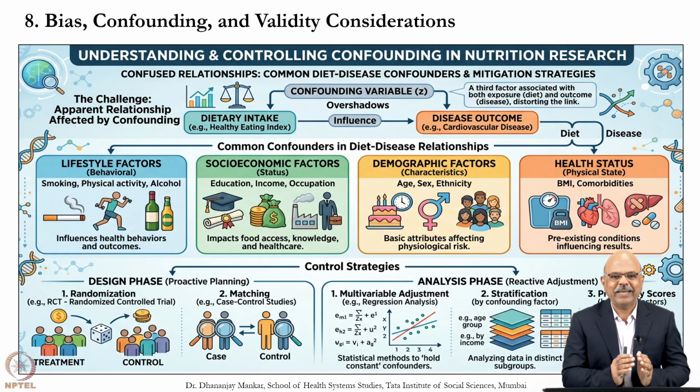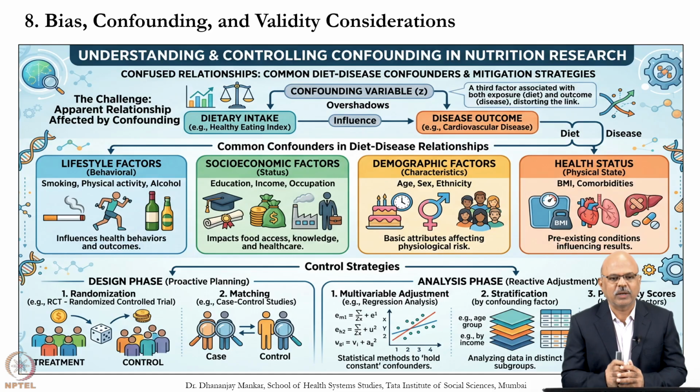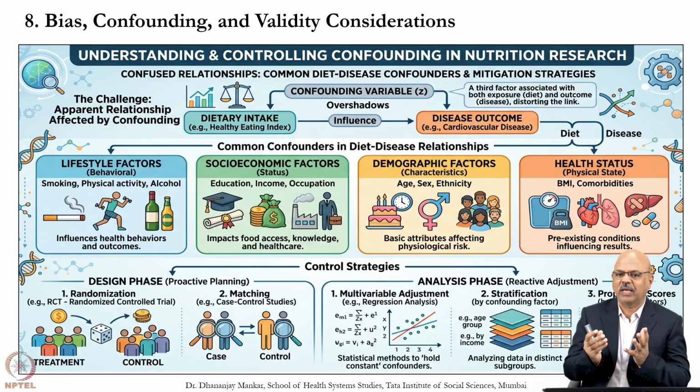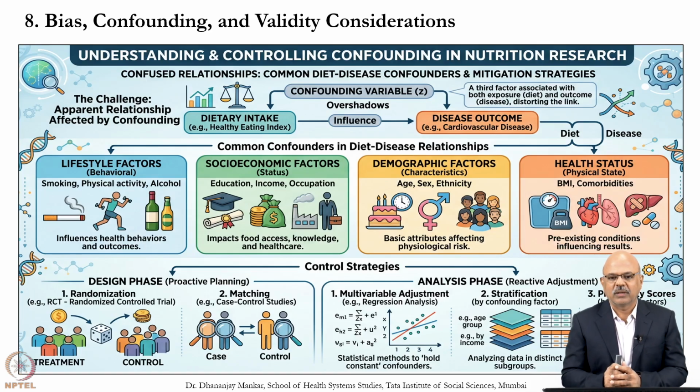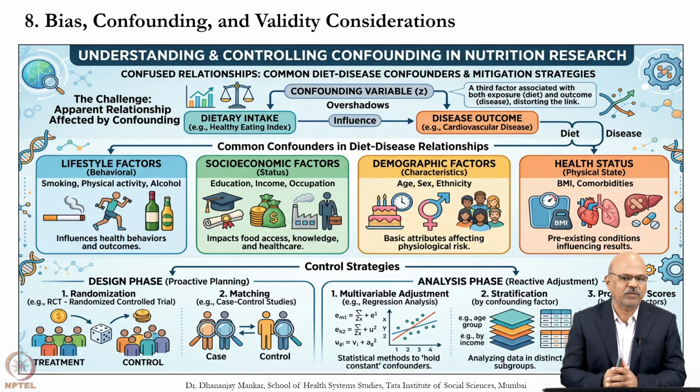Dietary intake can influence the disease outcome; no doubt a healthy eating index may prevent a lot of NCDs, non-communicable diseases. Lifestyle factors are many: smoking, physical activity, alcohol. Socioeconomic factors are education, income, occupation. Demographic factors are age, sex, ethnicity, and health status might come with comorbidities, BMI, and so many others.